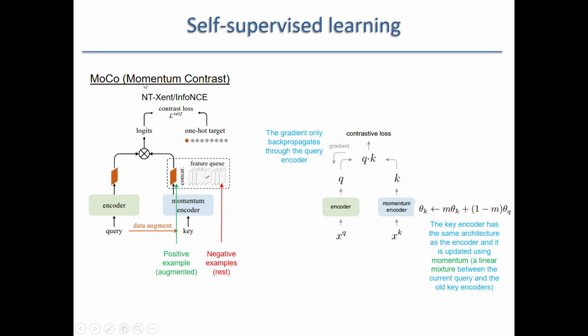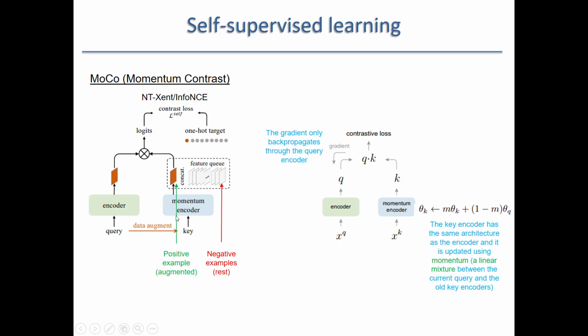We will have the same kind of loss that we had before, but now the procedure will be different. We have a query image. The query image goes through an encoder that produces some vector, and this vector will be compared to vectors coming from a kind of memory bank.